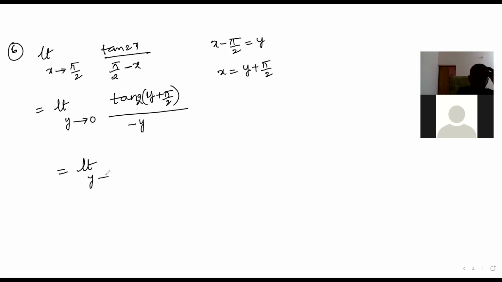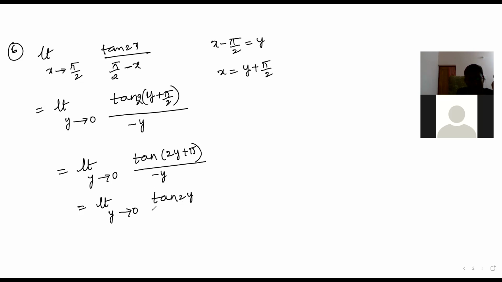Limit y tends to 0, and this is tan of 2y plus pi. So this is pi plus theta, third quadrant. This is pi plus 2y, na? Yes, sir. Pi plus theta, third quadrant, tan 2y by minus y.